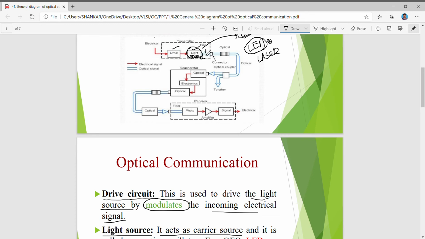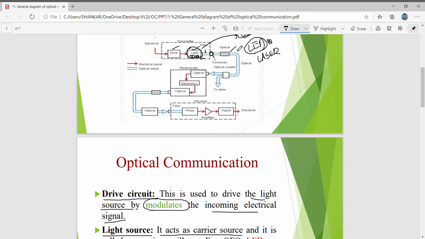With the help of an optical connector, we connect the fly load to the optical fiber cable.